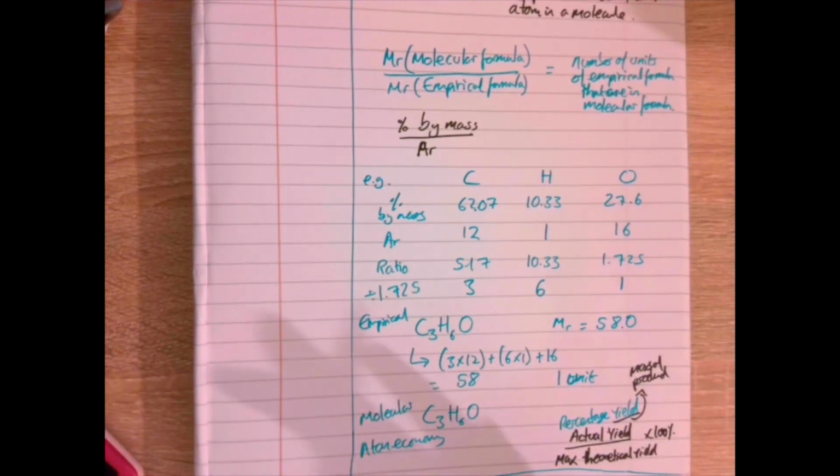Now, things that could mean it's not 100% come through experimental techniques, such as our reactants not being pure, reactants being lost, say, on the side of the beaker, our products being lost through separation processes.